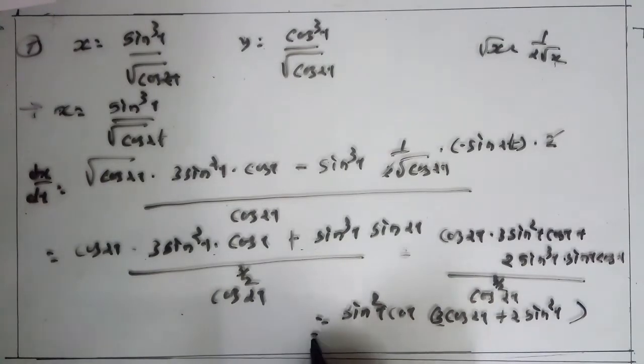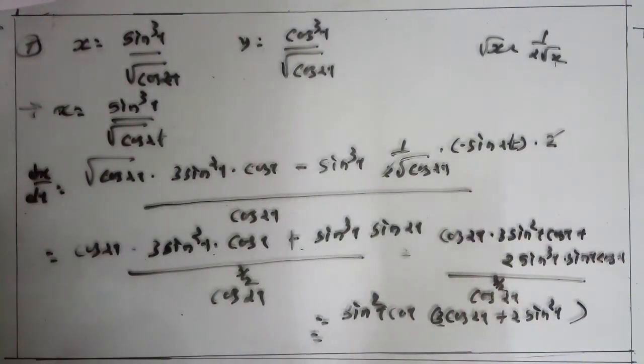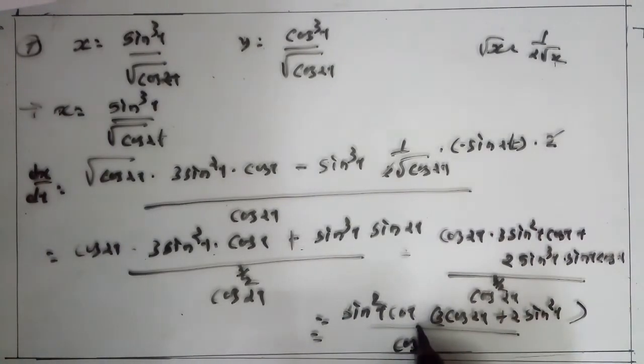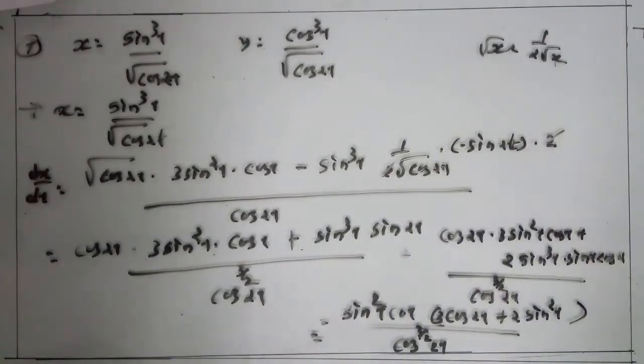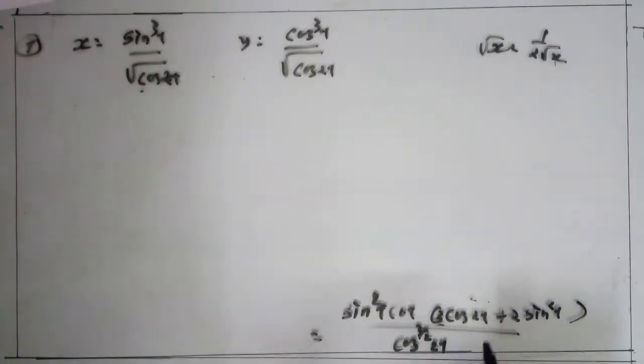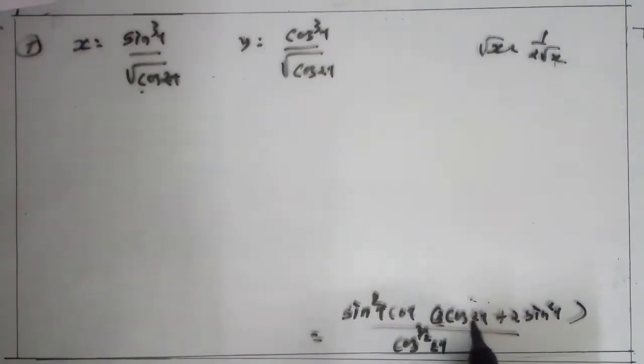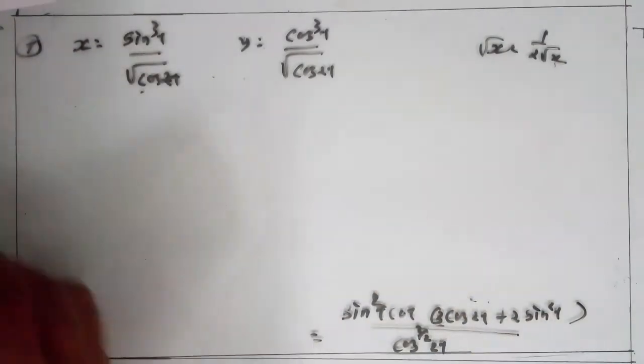So it is equal to, now simplify this, upon cos 2t raised to 3 by 2. Now this cos 2t change into sin form.